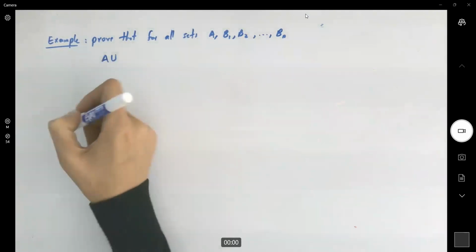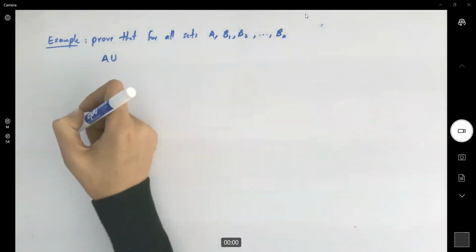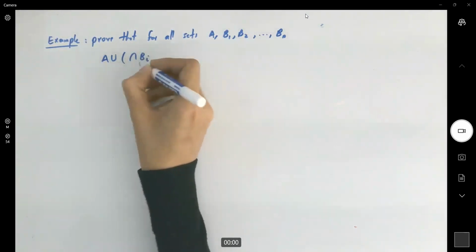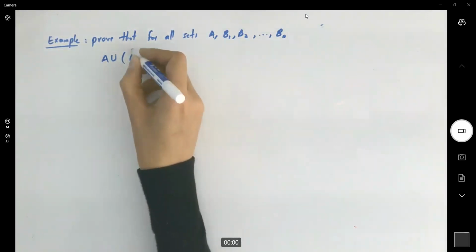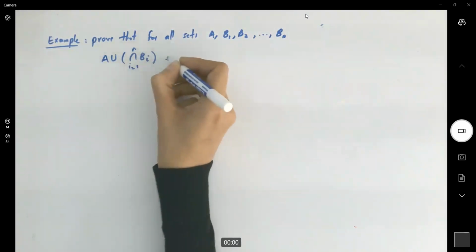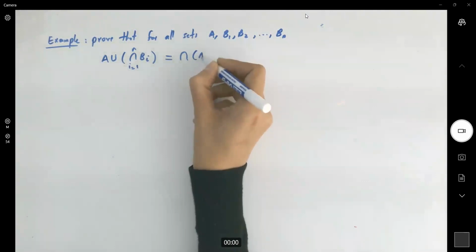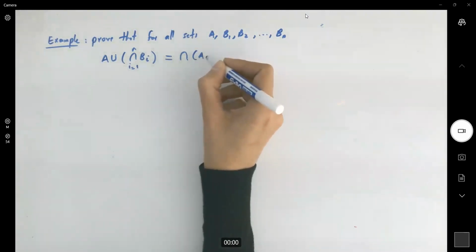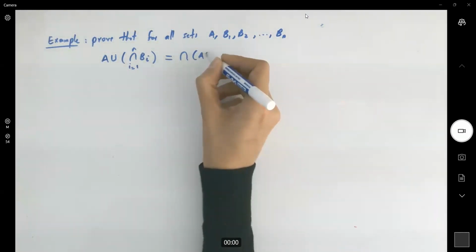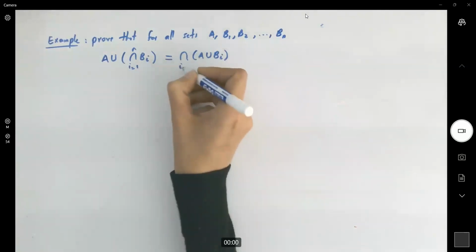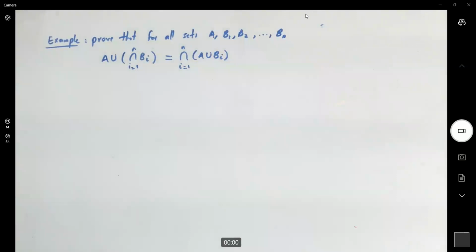A union with the intersection of the index sets Bi, i starts from 1, stops at n, is equal to the intersection of A union with each Bi, i starts from 1 and stops at n.